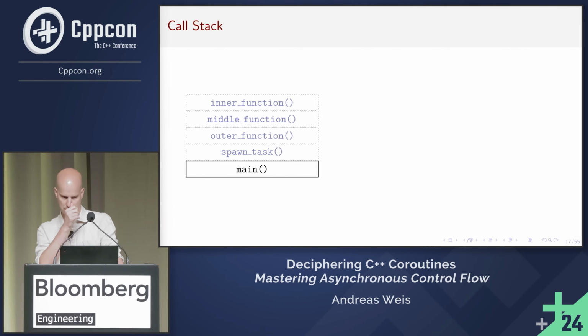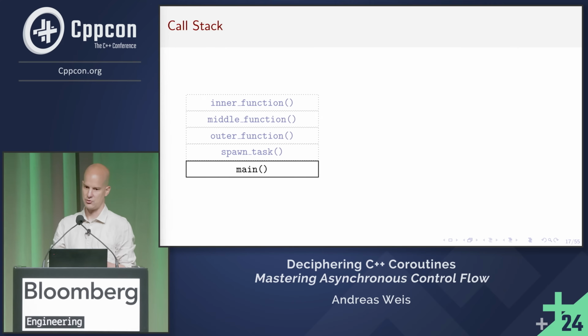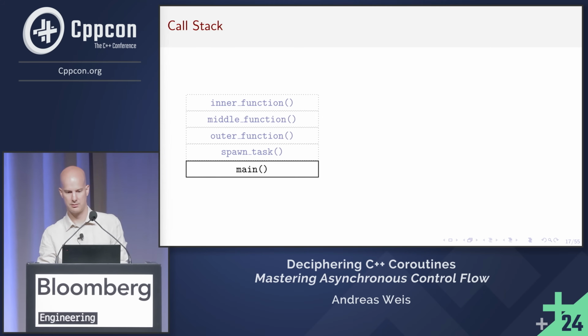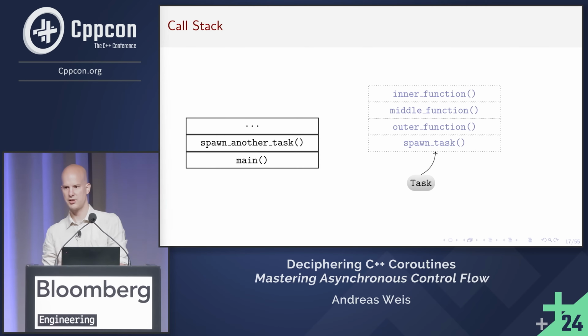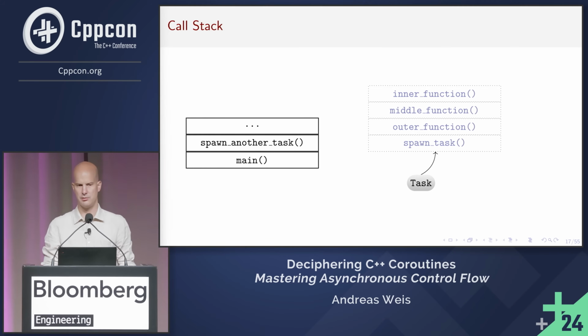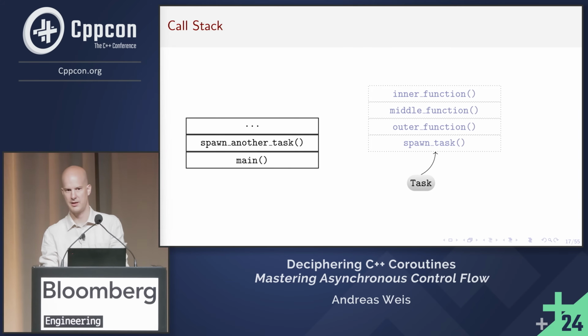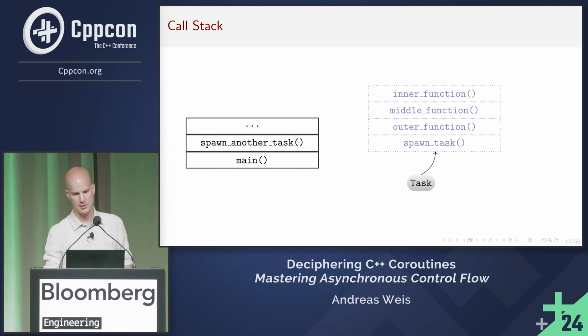So what if, instead of just waiting here, we could suspend all of these functions, put them somewhere on the side, and then do some useful work on the main thread in the meantime? That is our main motivation. That is what we want to do here.